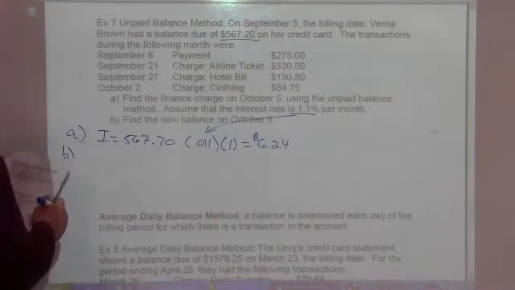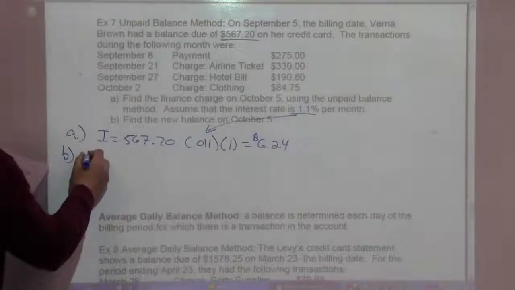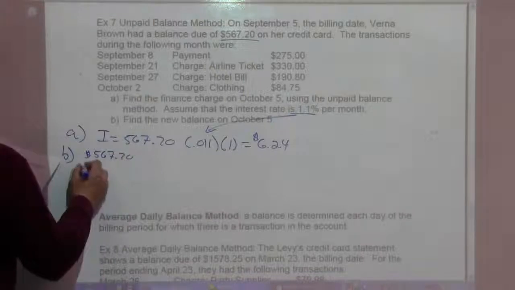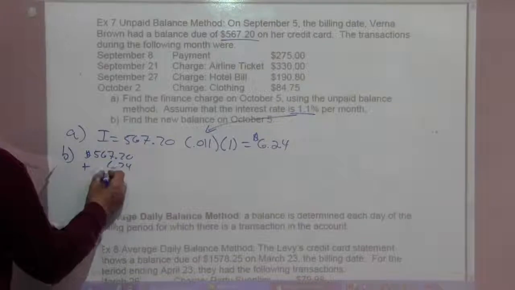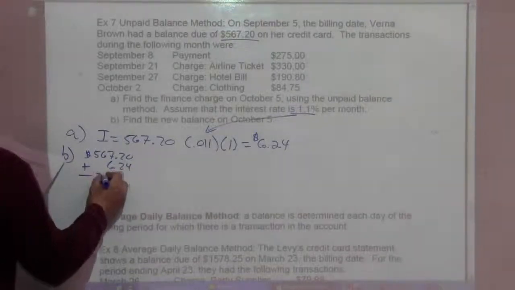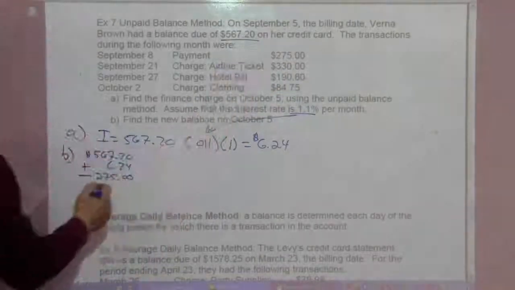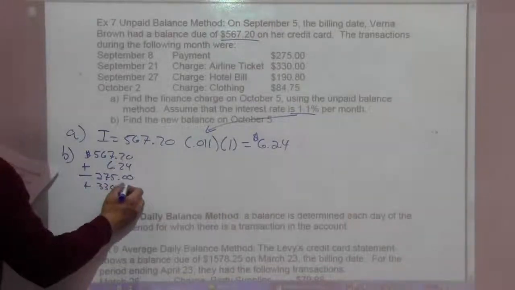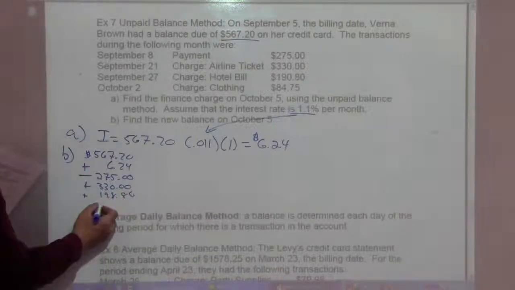For B, let's go through the payments. There's $567.20 plus $6.24 from the finance charge, minus the $275 from that payment. Then we have plus $330, plus $198.80, and then plus $84.75.